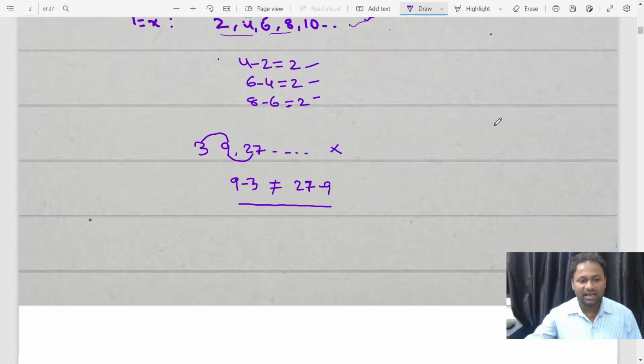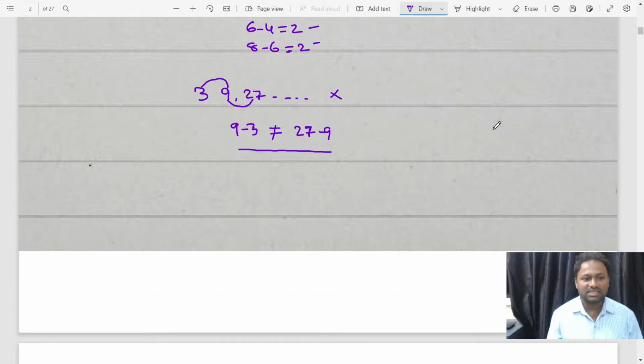How can we write the standard form of arithmetic progression? Before that, we say that in an arithmetic progression we have a common difference.